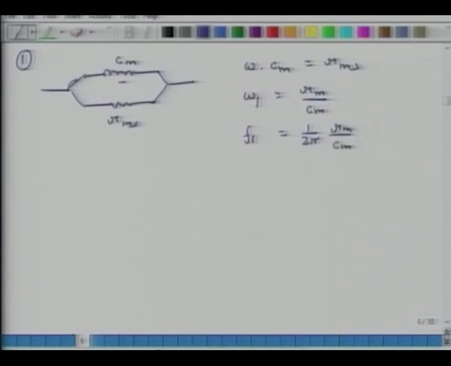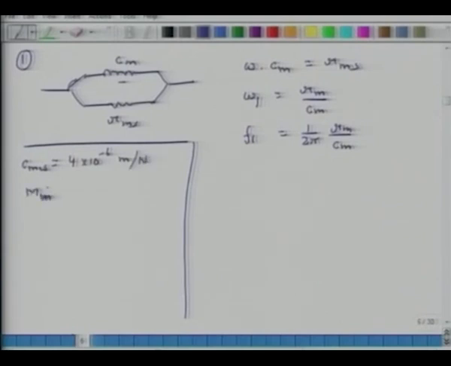Now we'll assign some values to these properties. CMW equals 4 times 10 to the power of minus 6 meters per Newton. The mass of the wheel is 30 kilograms.